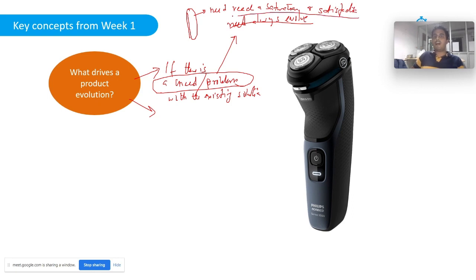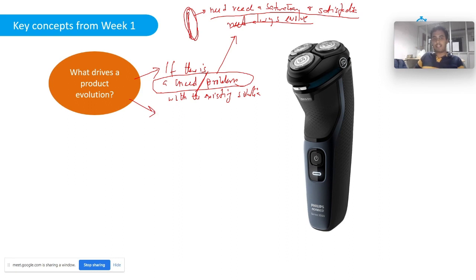So that's the reason why you do not require any new design for a safety pin. So need is one of the driving factors which leads to product evolution.